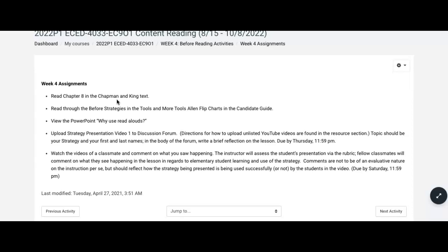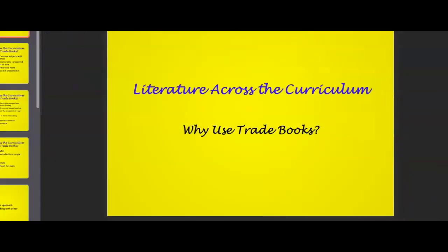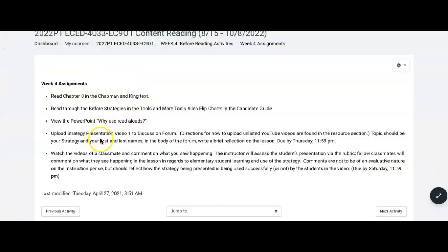And remember, some of these strategies can be in the before part of your reading, the during part, and the after part. You're also going to view the PowerPoint on why to use read-alouds or trade books. You're going to upload your Strategy 1 presentation.